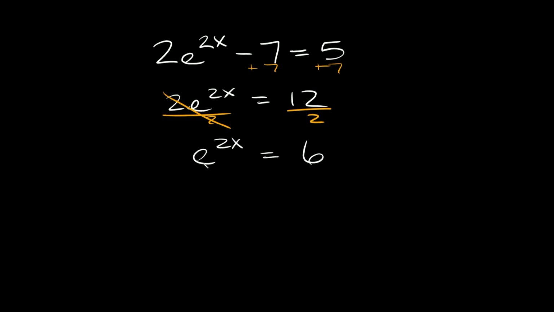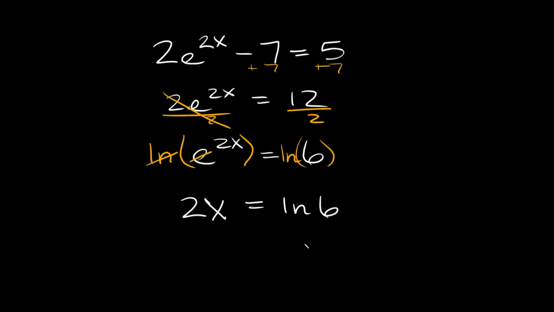All right. Now, in order to get rid of this special number e, instead of taking the log of both sides, we're going to have to take the natural log of both sides. So we're going to take the natural log of this side and say it's equal to the natural log of this side. All right. So then on this side, the natural log and the e cancel out. And then we're left with, again, what's in the exponent. So 2x is equal to the natural log of 6.